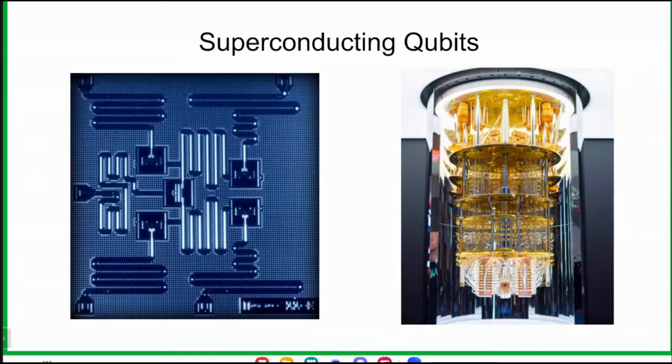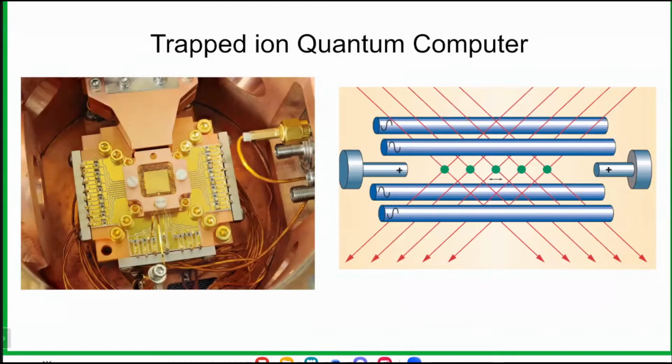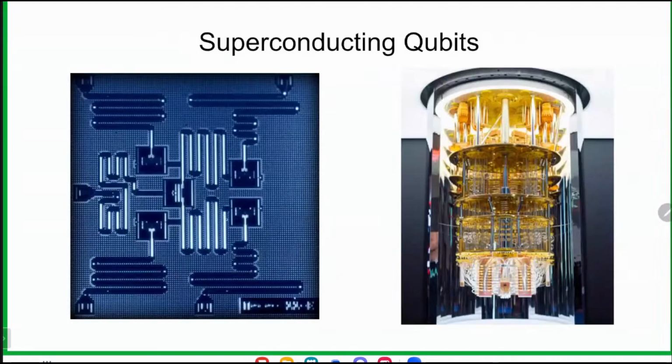Say if you want a million qubits, then the current level of cryogenics will not really help you. It's worth mentioning that the lines that you see here on the chip are microwave transmission lines, and they provide the microwave control pulses to the qubit and perform the various gates.